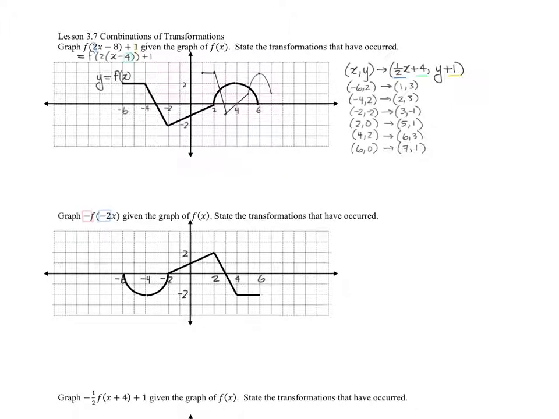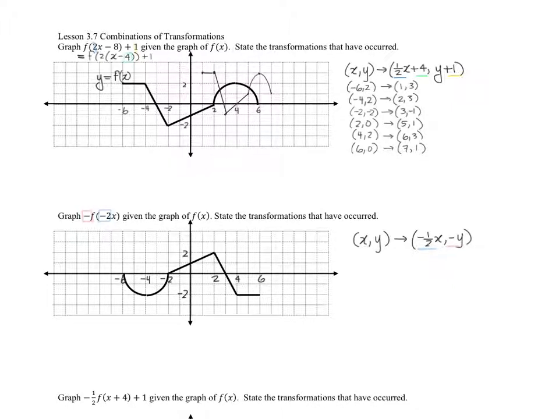Okay, and then for our mapping notation, we're going to have x, y becomes -half x, -y. So this -half x, that's for our horizontal compression by a factor of half and the reflection on the y-axis. And then this -y will take care of the reflection on the x-axis.